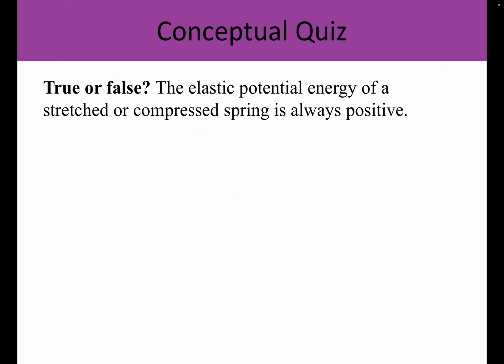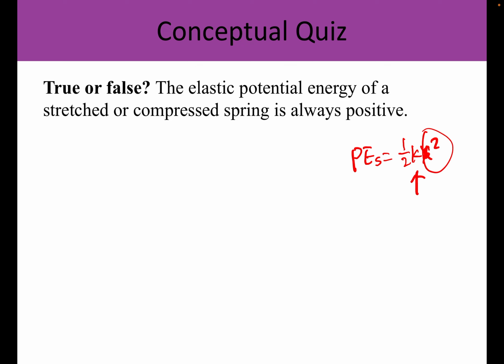True or false? The elastic potential energy of a spring is always positive. Is it true? So spring potential energy is given by 1/2 kx squared. k is always positive. x squared is always positive.